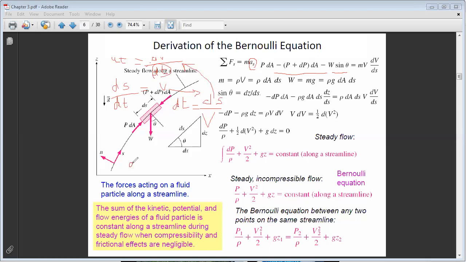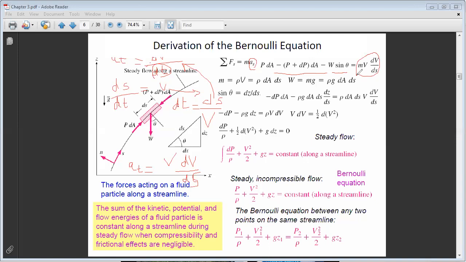I get that the tangential acceleration, or the streamwise acceleration, at, is equal to v dv over ds. So you can replace the acceleration along the streamline by v dv over ds. And this is what they did here. So the sum of forces along the tangential direction, or along the streamline, is equal to m v dv over ds.